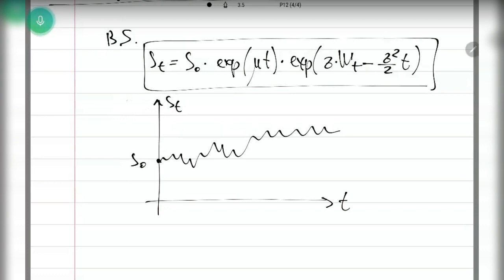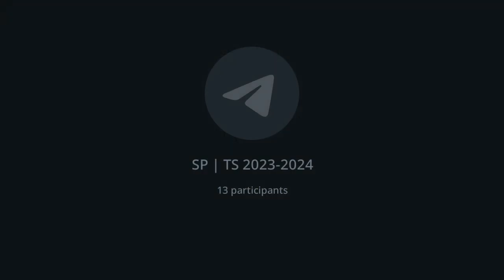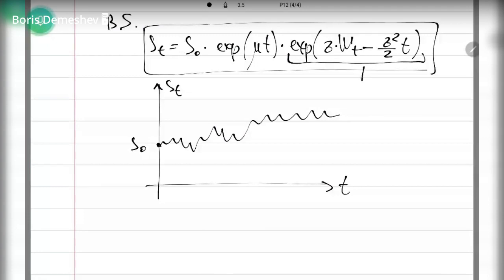So that's a more or less realistic assumption about the share price. This process is not a martingale by itself; that is the growth rate built into the Black-Scholes model.